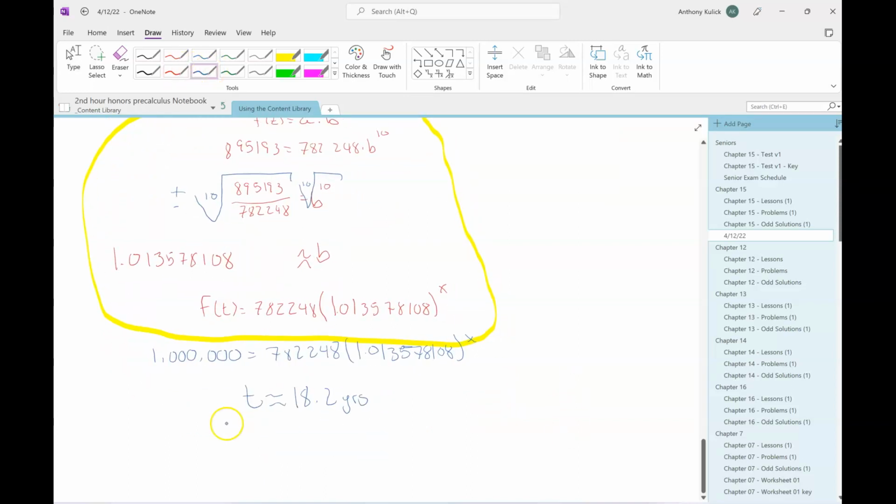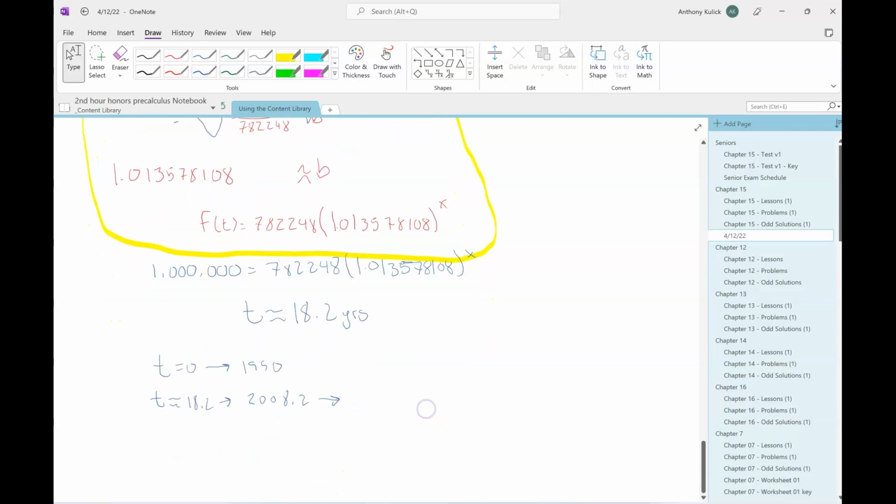So remember, year 0 was 1990. So 18.2 should be year like 2008.2. But really, what should we say as our answer?